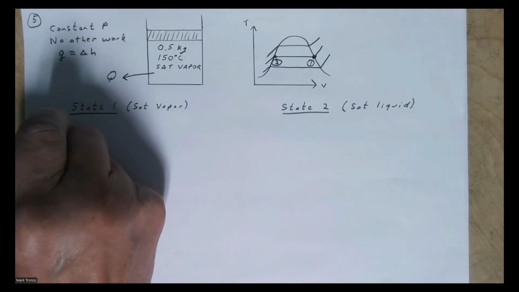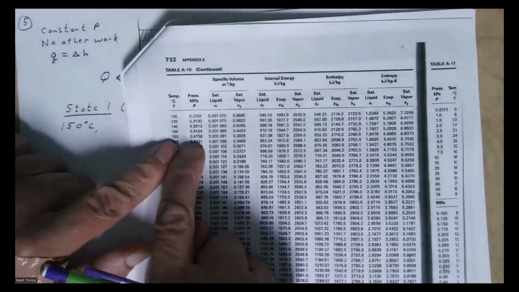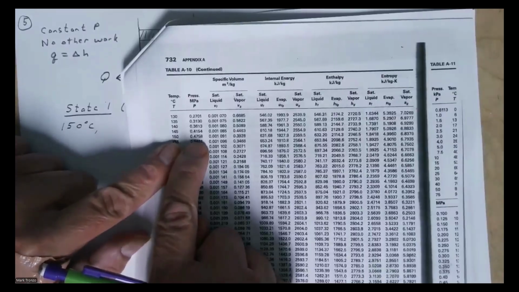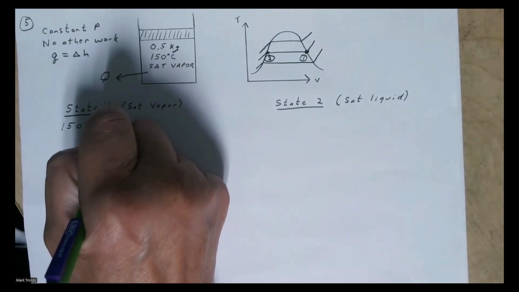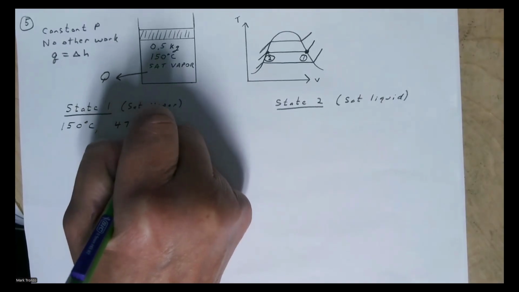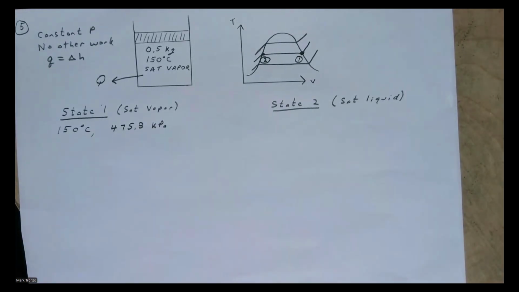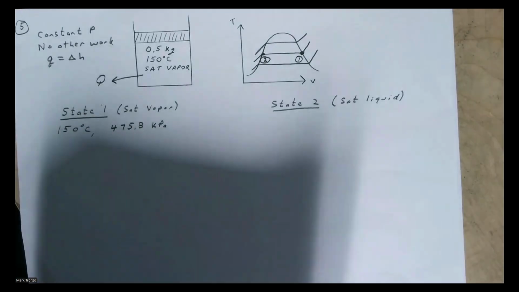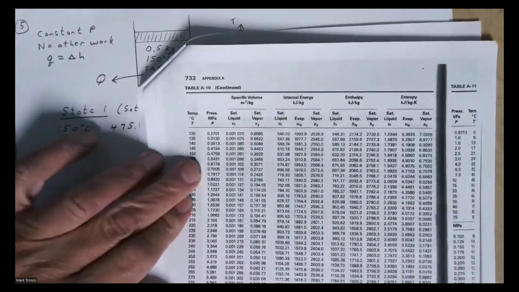Again, we're at 150 degrees C, by the way. And also, we might as well write down our saturation pressure. That was 0.4758 MPa. So that would be 475.8 kPa. We may not need that, but we'll write it down.